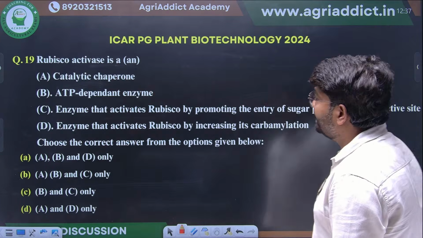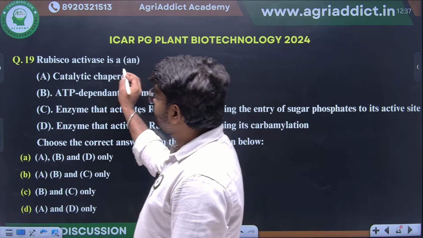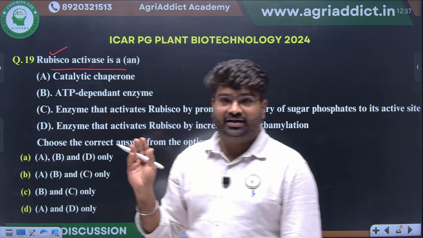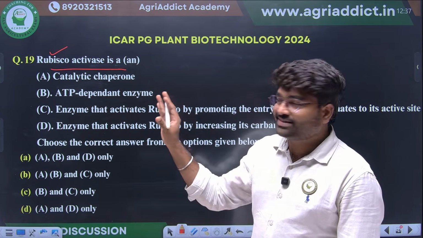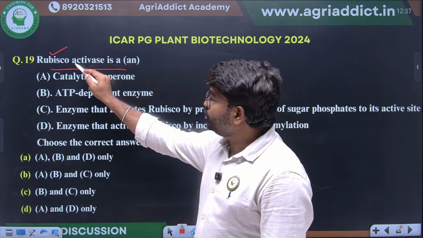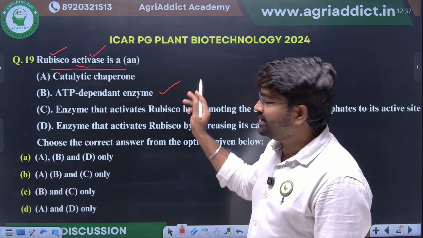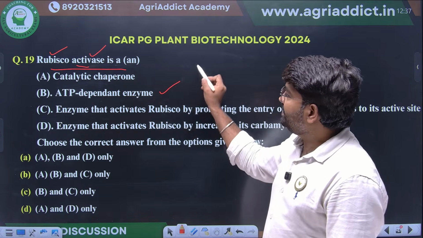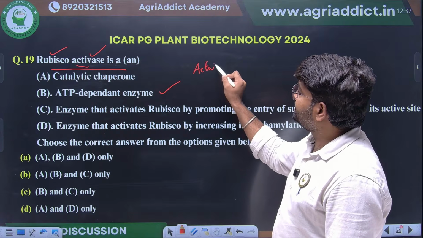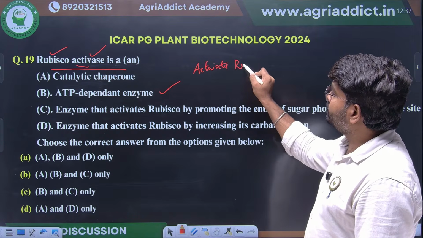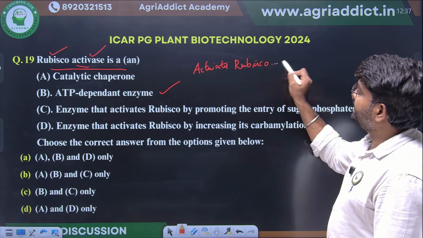Next question. They have asked about Rubisco activase. We know Rubisco activase is an ATP-dependent reaction that activates Rubisco for fixing CO2.